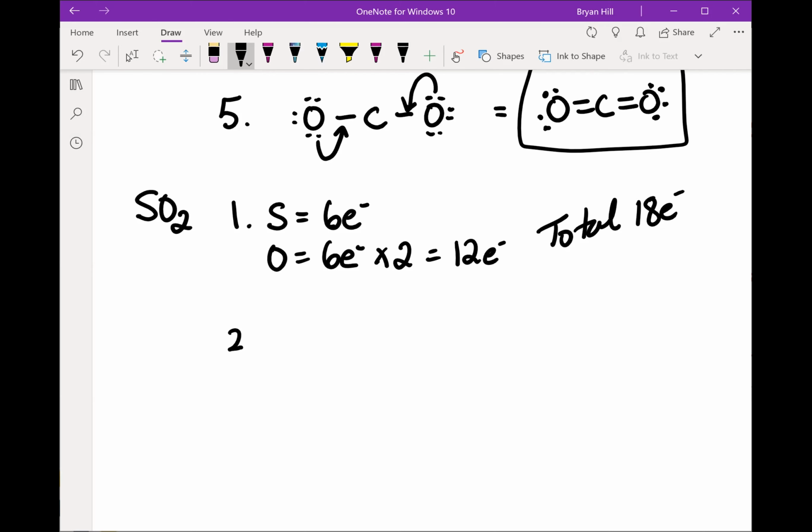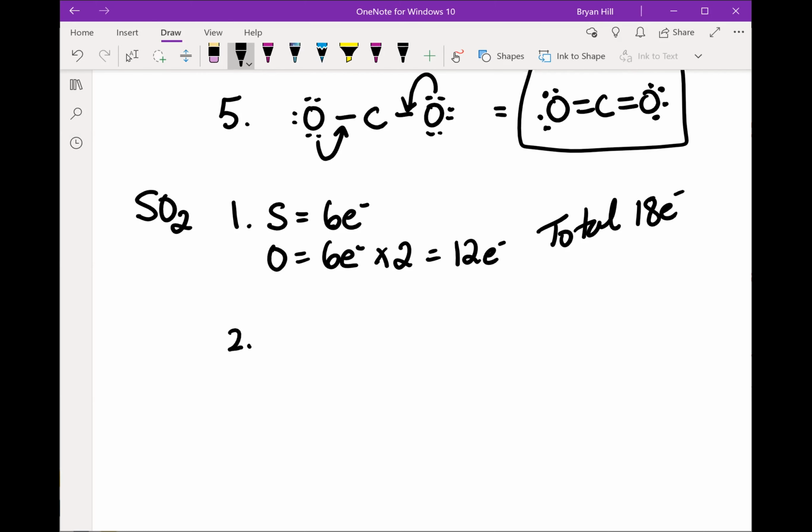Second step. Put the atom with the largest bonding capacity in the center. If we're comparing sulfur and oxygen, they're in the same column in the periodic table, but the more electronegative atom goes up and to the right.